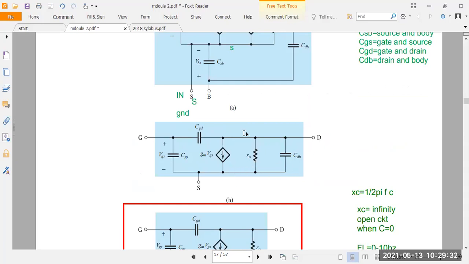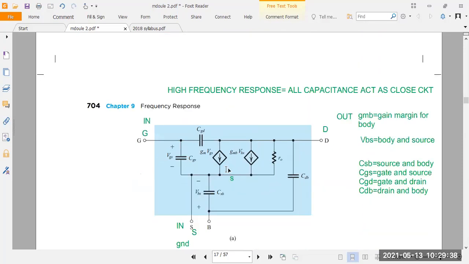See this figure here. Here they have taken the bulk connection. Actually, there are 4 terminals for the MOSFET: body or bulk connection, source, gate, and drain. So you have to analyze the parameters within the bulk, gate, source, and drain.